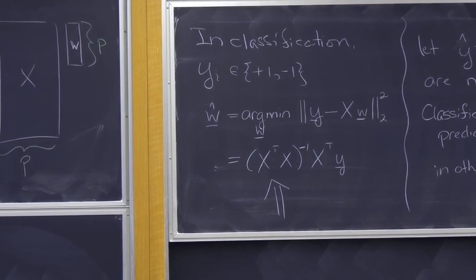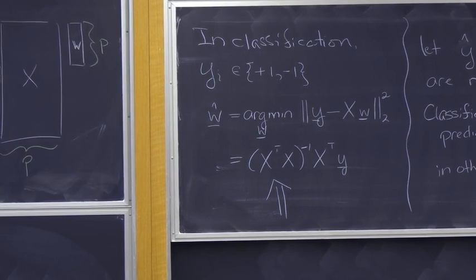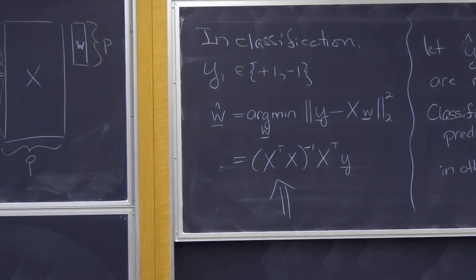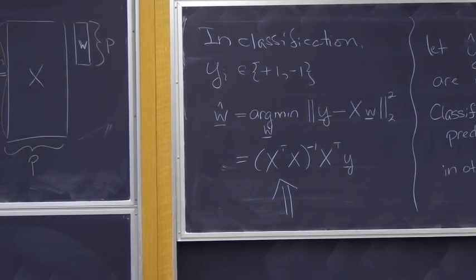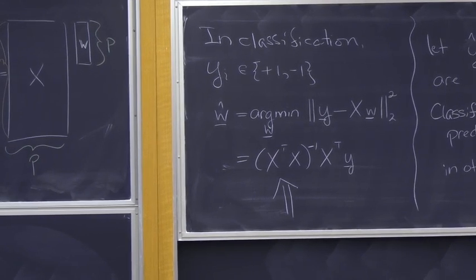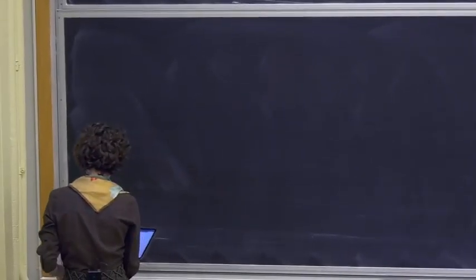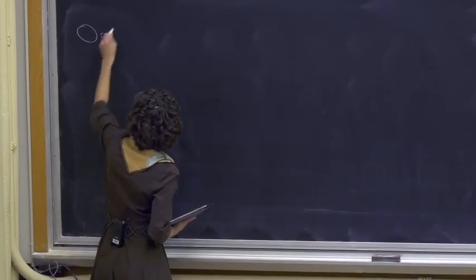And what I would like to do today is to derive that same expression a different way by thinking about it as an optimization problem. So instead of thinking about it geometrically, I want to think about it via optimization. And this is going to teach us a lot about optimization that we're going to be able to extend upon and build upon for other problems.